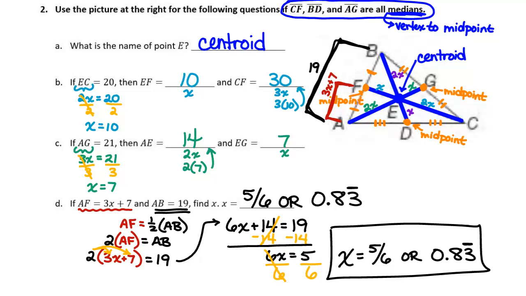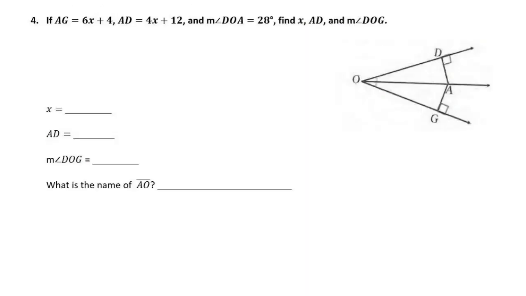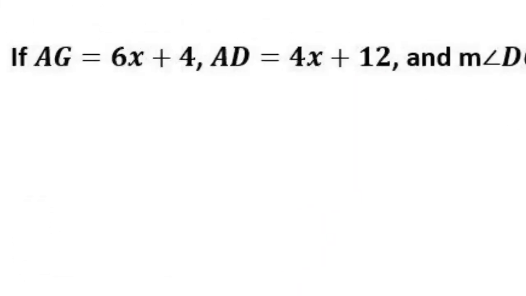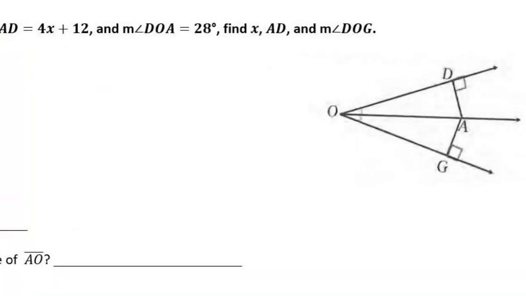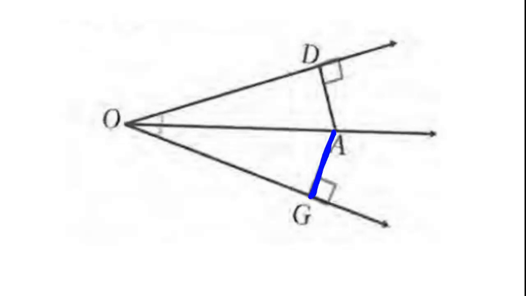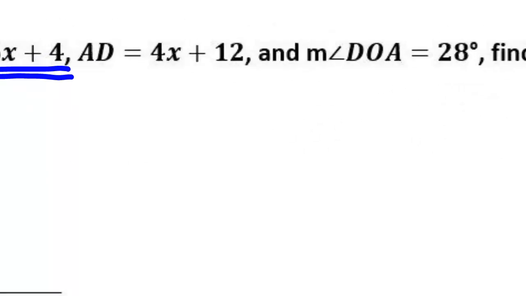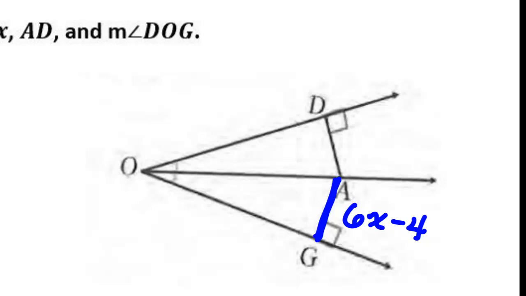What else would you guys like to see? Yes. Number 4, absolutely. Number 4 says that AG is 6x minus 4. That's this segment right here. And it says that AD is 4x plus 12.